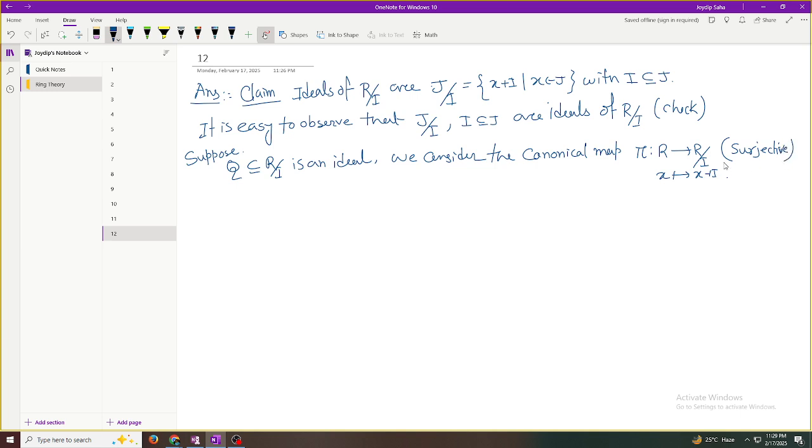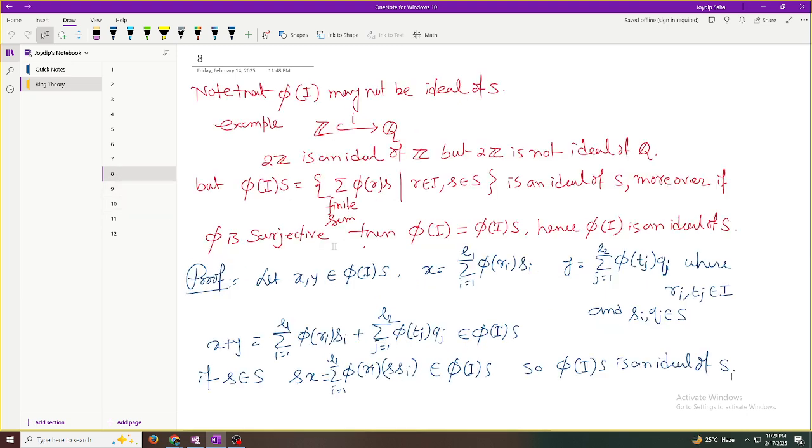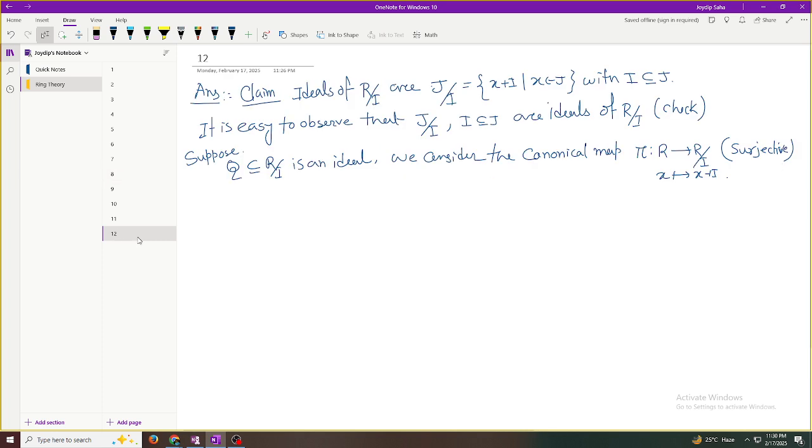And we recall the result: if phi is surjective, then phi of an ideal I is an ideal of S.